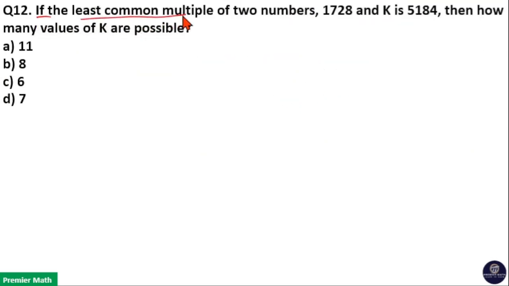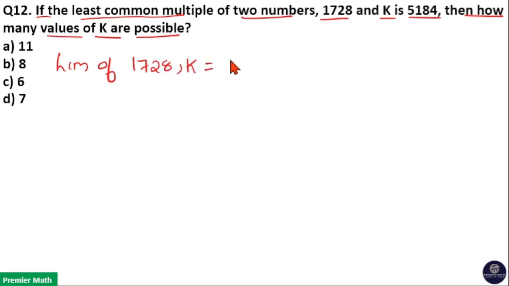If the least common multiple of two numbers 1728 and k is 5184, then how many values of k are possible? Here the question says the LCM of 1728 and k is equal to 5184.